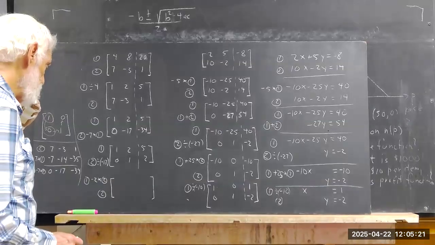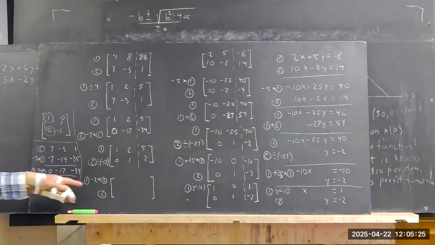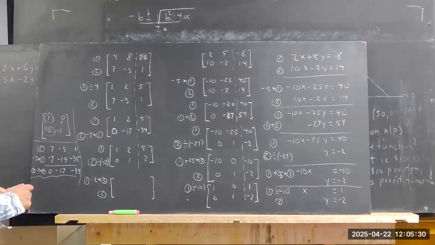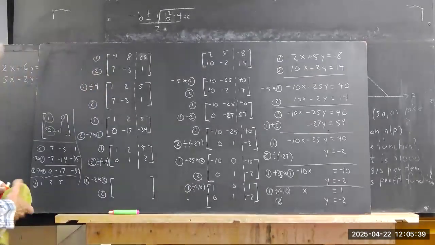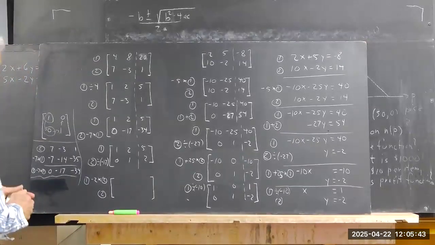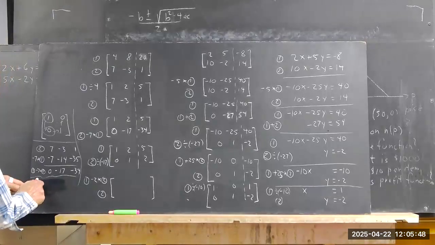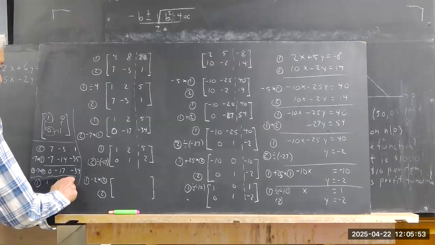Okay, anyhow, when we do this, let's do row 1 minus 2 times row 2. We'll do that off to the side and write down row 1, which is 1, 2, 5. Did I leave myself enough room? Plenty of room to write down that stuff. Okay, we write down row 1, which is 1, 2, 5.